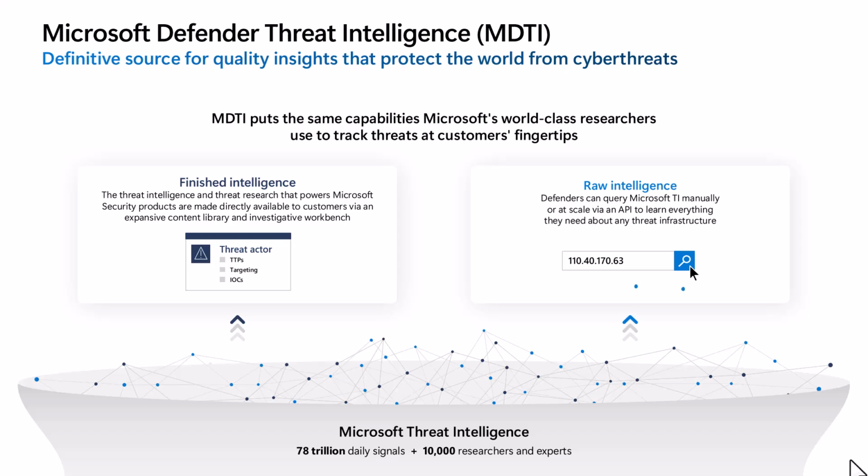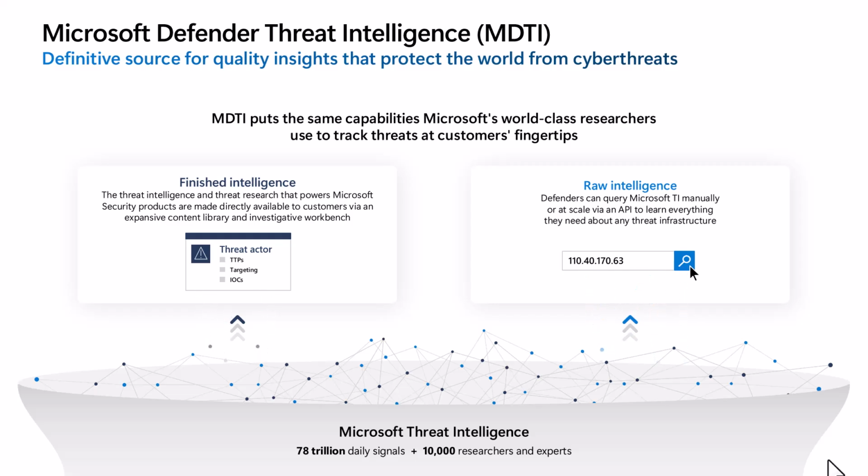That massive amount of data makes up MDTI's raw intelligence. Raw intelligence provides unique security datasets which helps in pinpointing relationships to known malicious infrastructure, tooling, and backdoors at incredible scale. We provide customers with the same raw signals that Microsoft systems and researchers use.